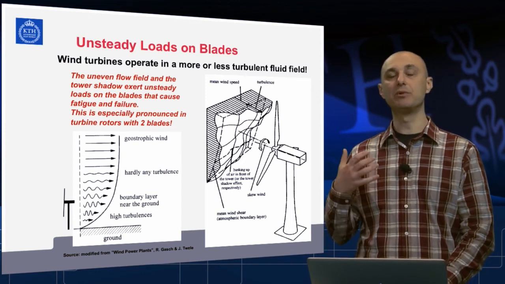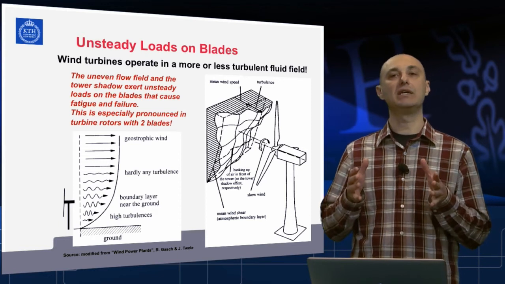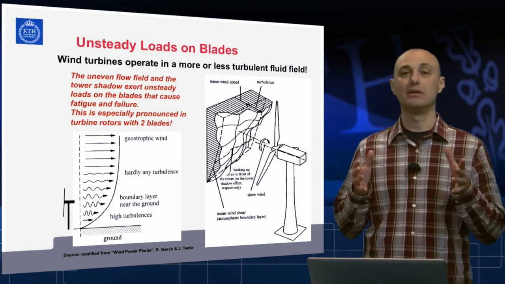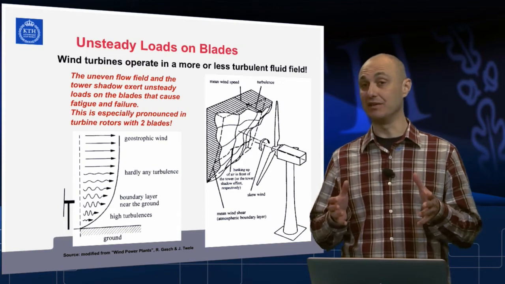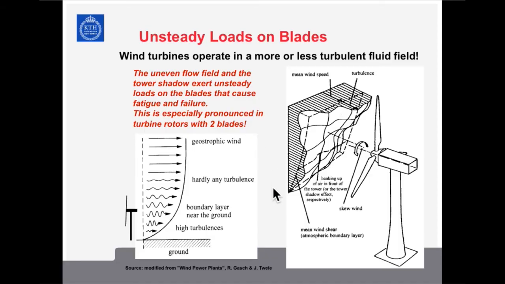First of all, the wind is blowing in gusts, always. You can define those gusts in different time intervals. But the bottom line is that there would always be a stochastic behavior, if not purely turbulent, at least variations of the wind speed that reaches the turbine, and most of all, variations of the flow field.